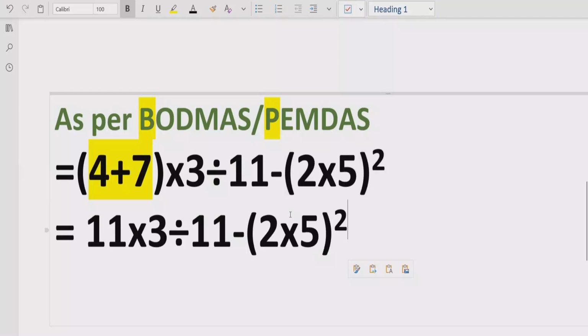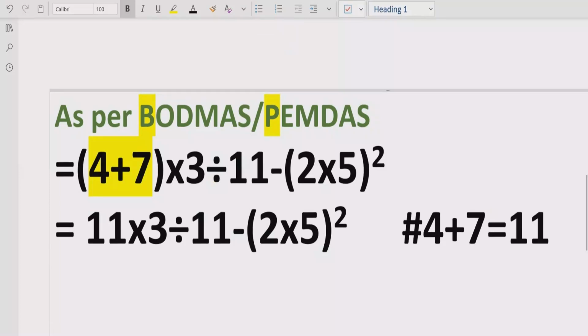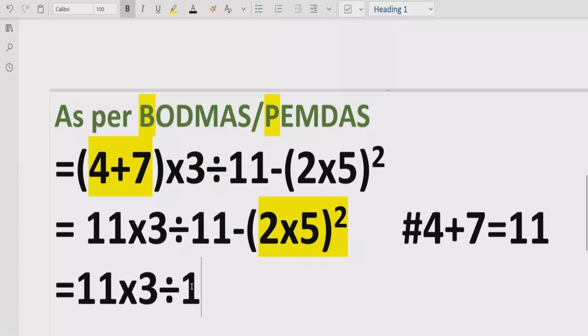So here we have to solve this one, and here we have to give the reference: 4 plus 7 equals 11. Now we have to solve the second bracket, so we have 11 multiplied by 3 and divided by 11 minus, and 2 multiplied by 5 equals 10, raised to power 2.